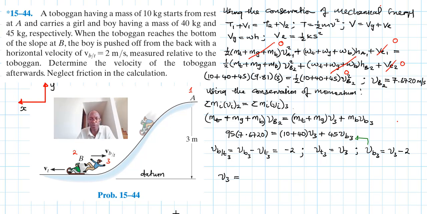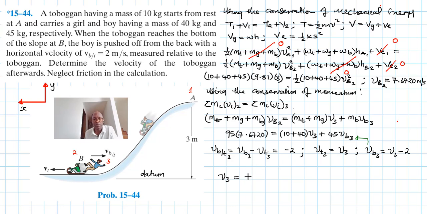So we have 95 times 7.6720 plus 45 times 2, and then divided by 10 plus 40 plus 45.